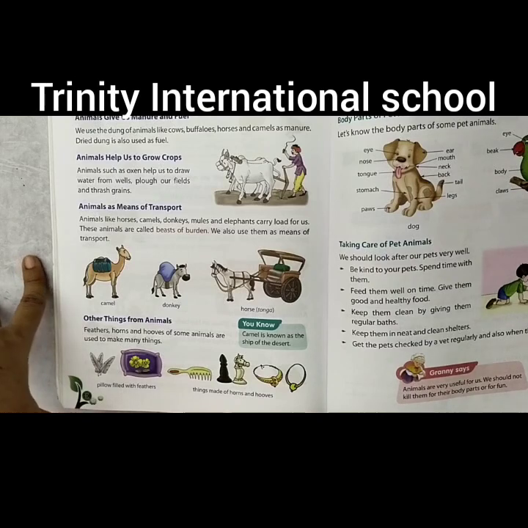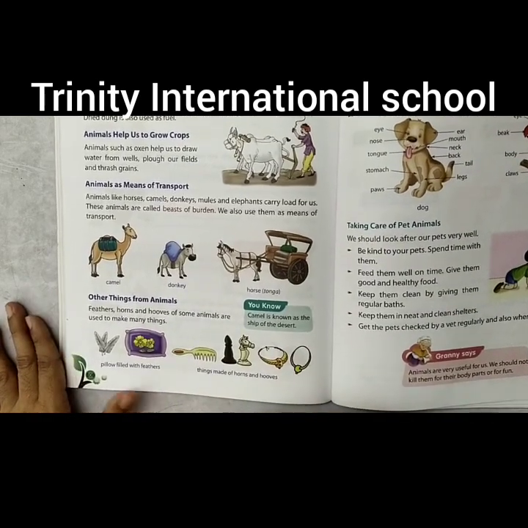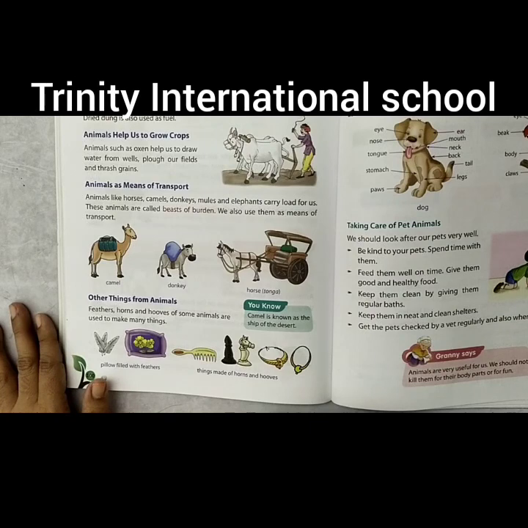Along with that, animals are used for carrying loads. Then we can make different things from animals' feather, from their dead skin, or then their hooves and horns. We are using each and every part of the animal for making things which are useful to us.